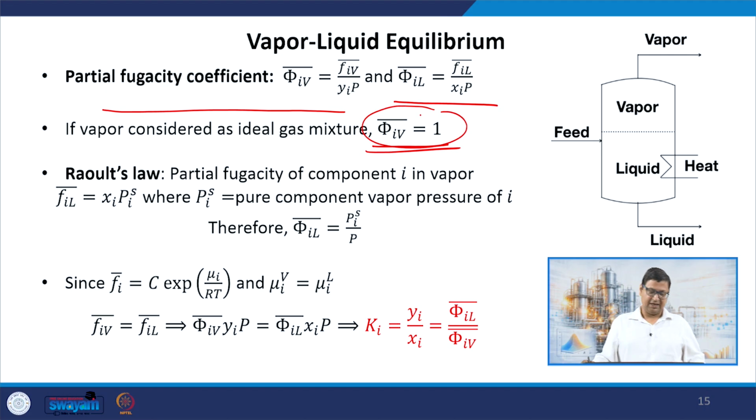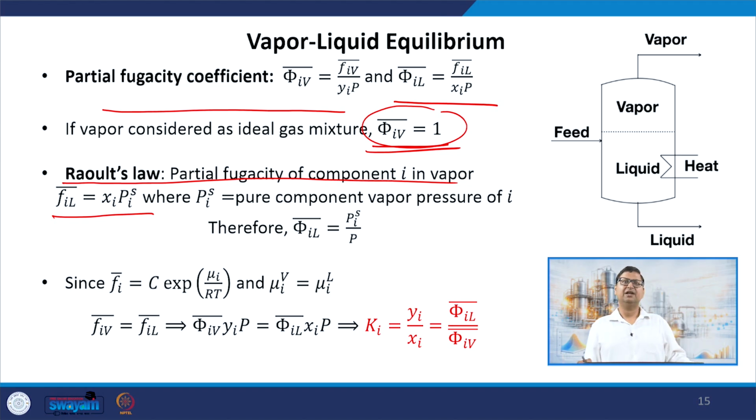If we use the condition of an ideal solution, in that case, for the liquid phase, I can write a relation like this, where the pressure inside the liquid can be assumed to be something related to the saturation pressure, or the vapor pressure, of the pure component i.